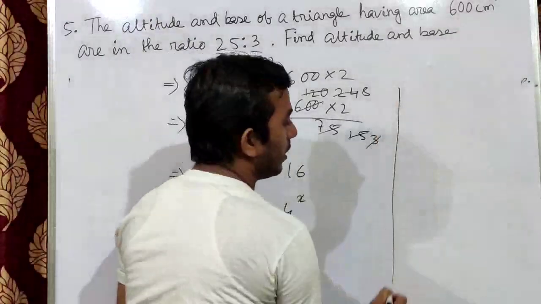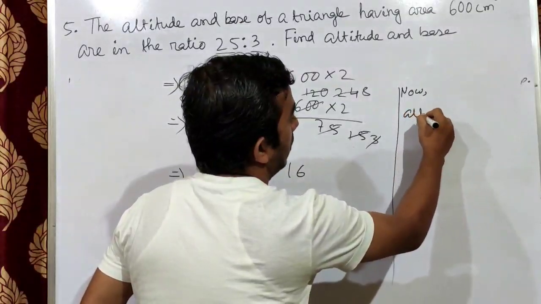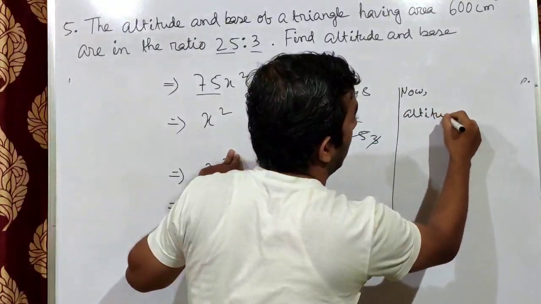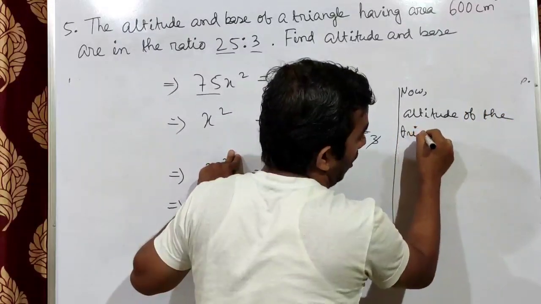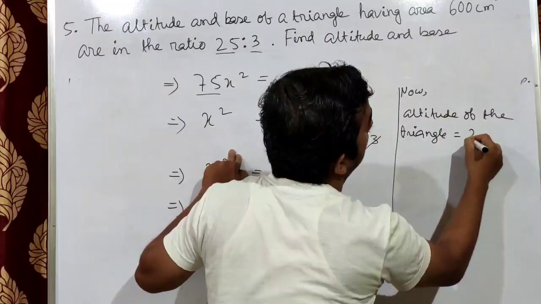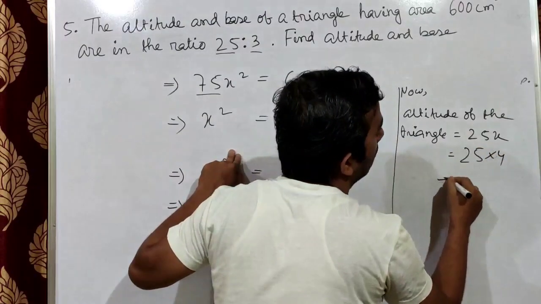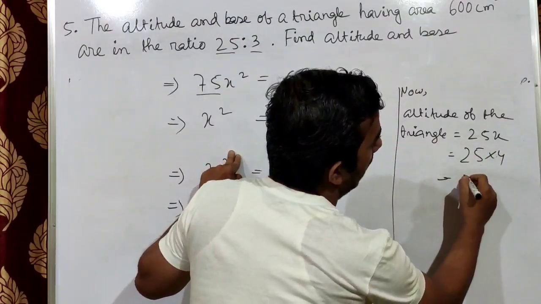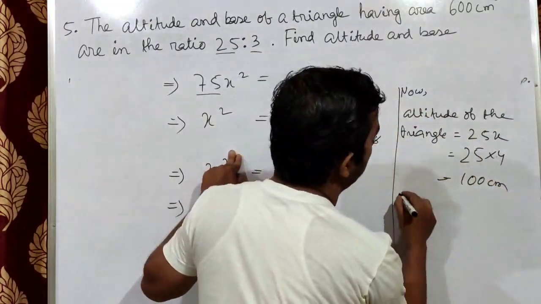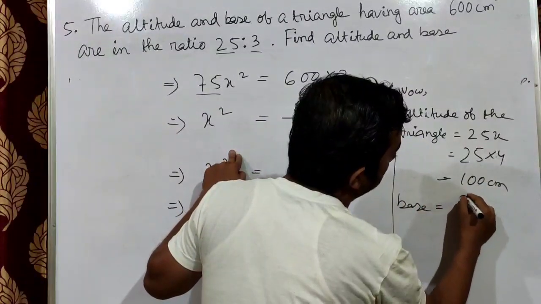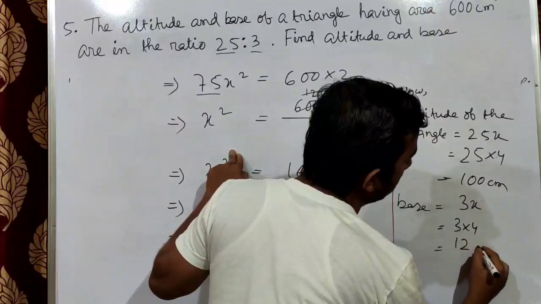So the altitude of the triangle equals 25x, which is 25 into 4, is 100 centimeter, and base equals 3x, so 3 into 4 is 12 centimeter.